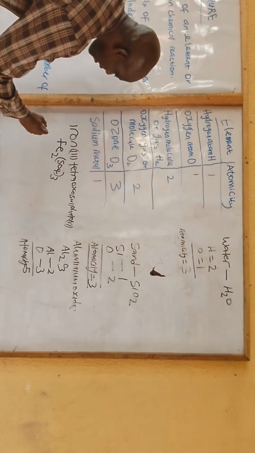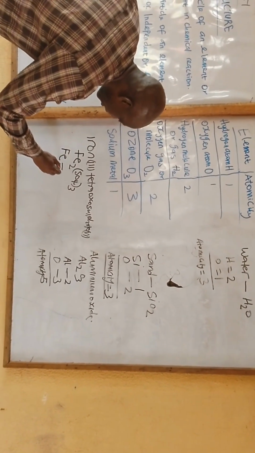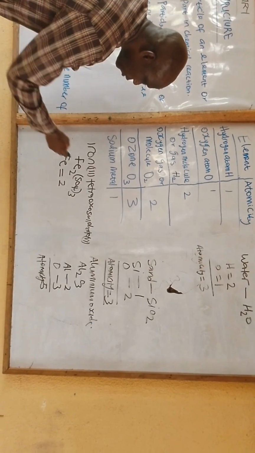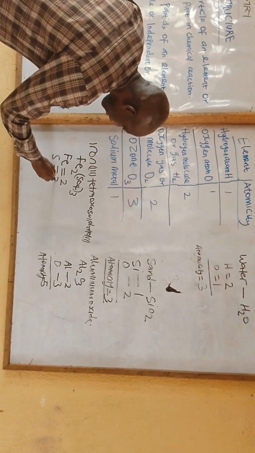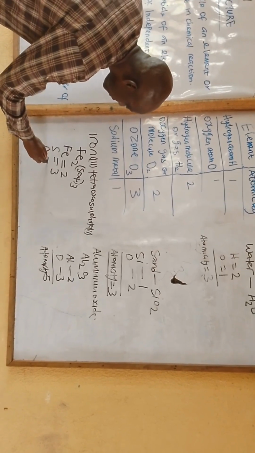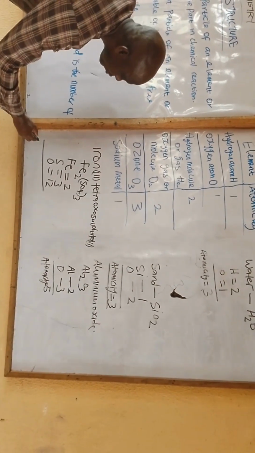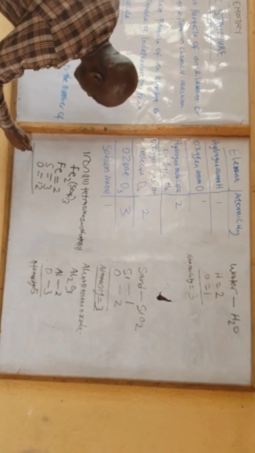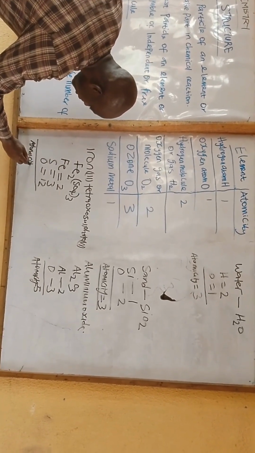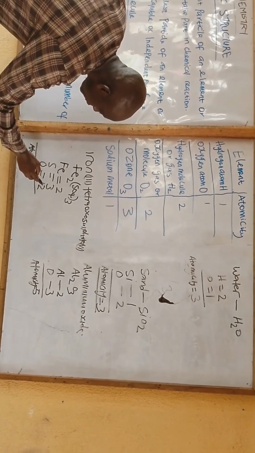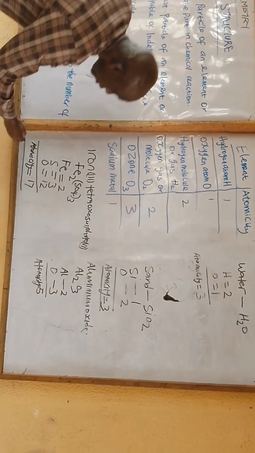So from the breakdown, we discovered that the number of atoms in iron is 2. Then when you open the bracket, the number of atoms in sulfur will be 3, while the number of atoms in oxygen will be 3 times 4, 12. Then when we add everything together, the atomicity of the compound will be 2 plus 3 plus 12, which is 17. Thank you very much.